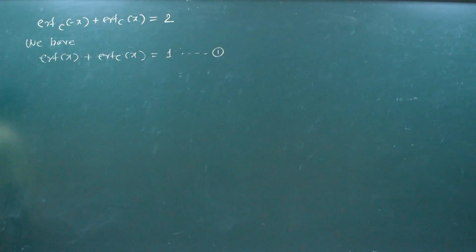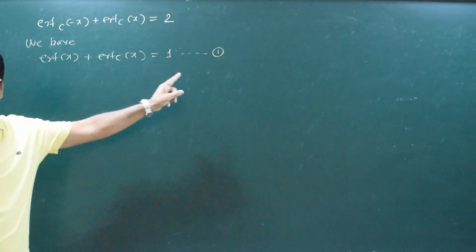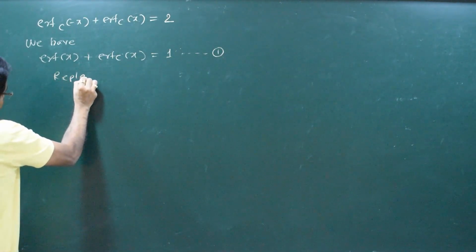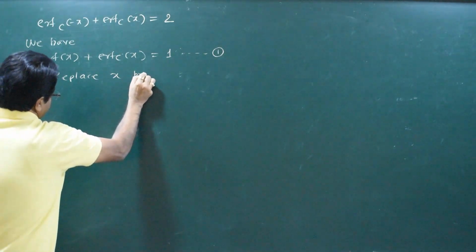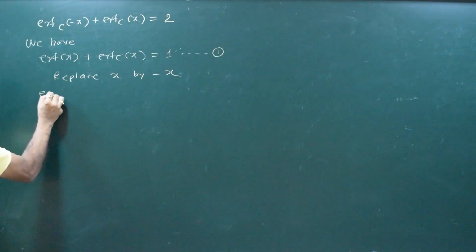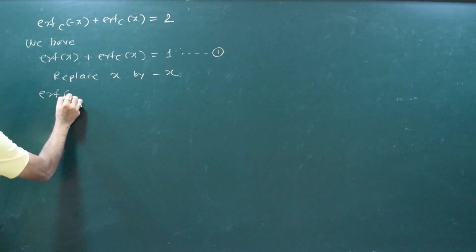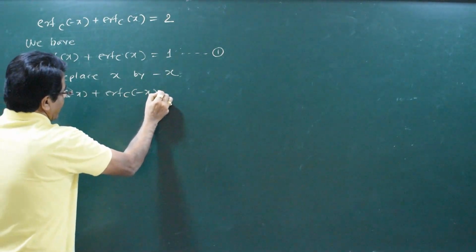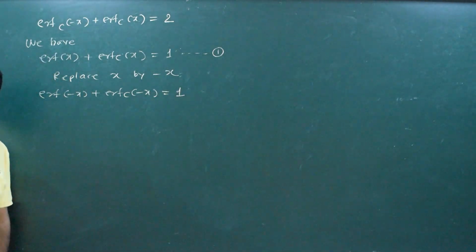Now this formula is valid for all values of x, and therefore here we are going to replace x by minus x. We get error function of minus x plus complementary error function of minus x is equal to 1.